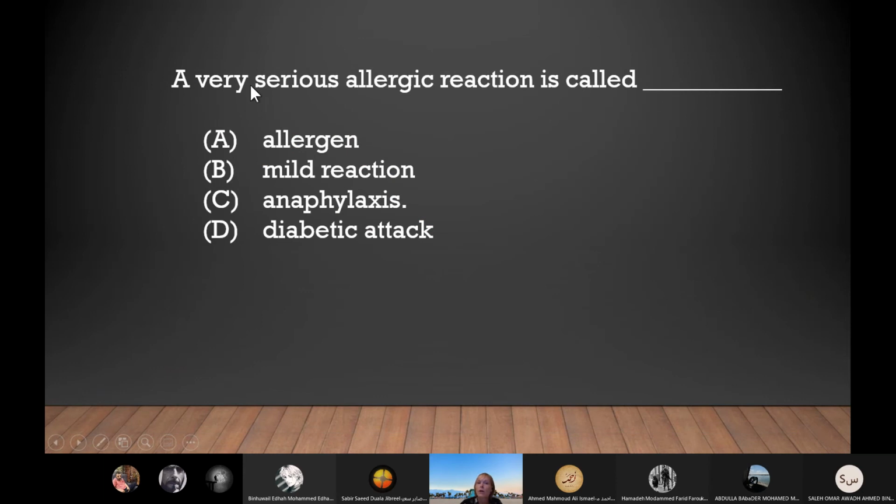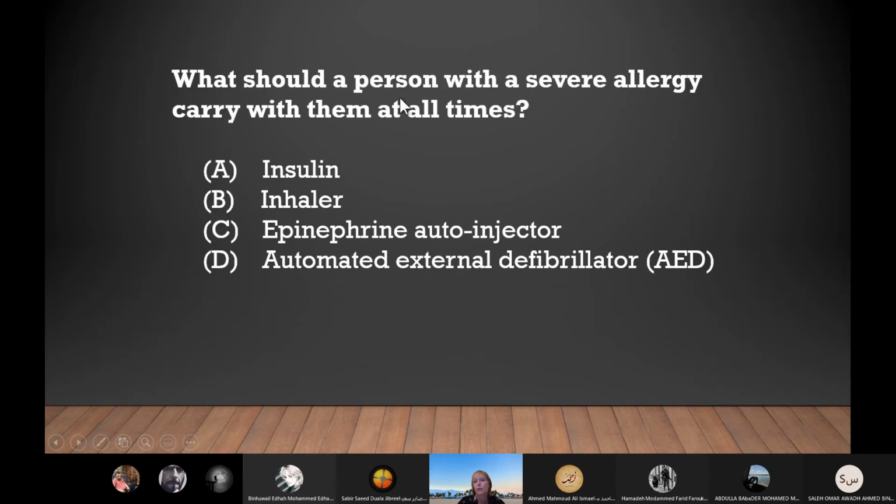Okay, what did we say was called the very serious allergic reaction? What do we call that? So we call that anaphylaxis. Okay, a severe allergic reaction. And what should a person with a severe allergy carry with them at all times?